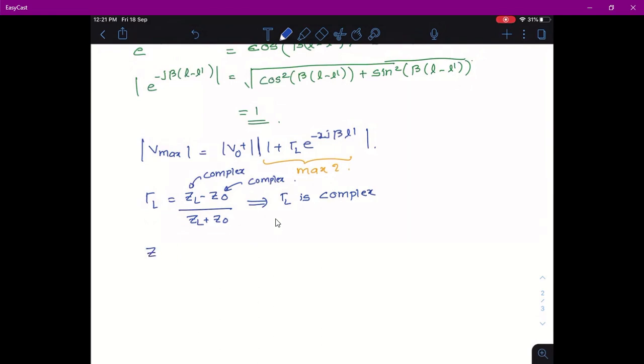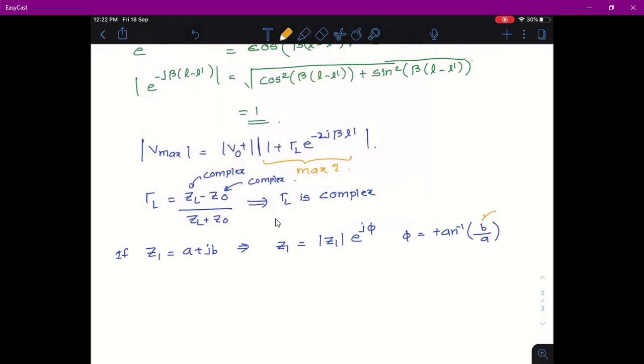So, if Z1 is equal to A plus JB, I can represent Z1 as the magnitude of Z1 multiplied by e raised to j phi, where phi is tan inverse of the imaginary part, which is B, by the real part, which is A. Okay.